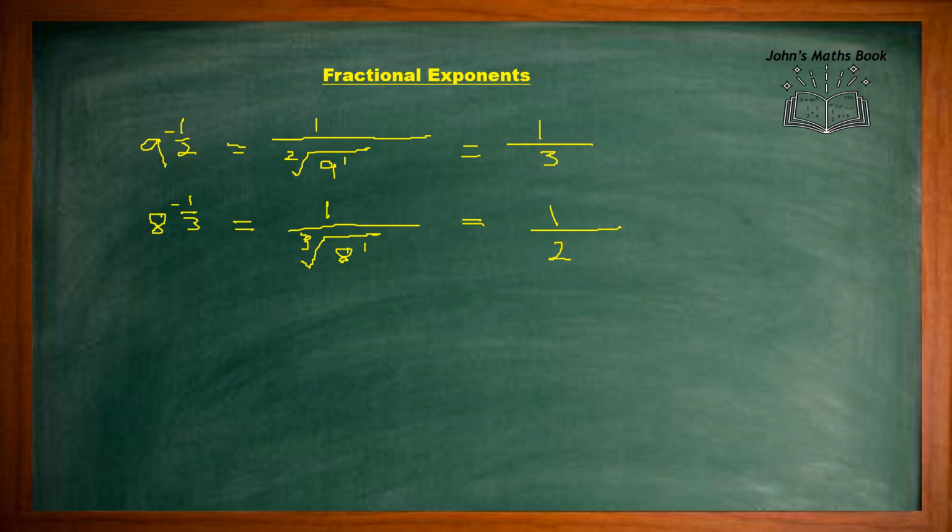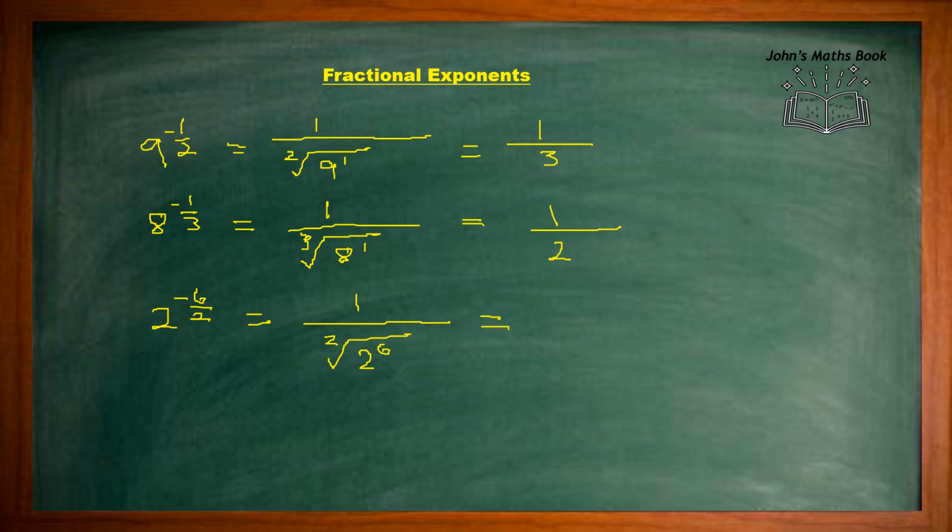So now let's look at, for our third example, 2 to the power of minus 6 divided by 2. So this is saying find the second root of 2 to the power of 6. And as it's a negative exponent, it means 1 divided by the square root of 2 to the power of 6.